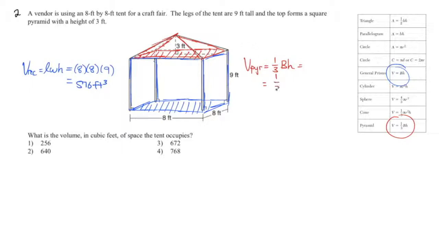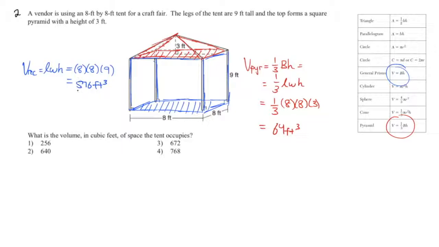And we have to actually use length times width, in this case, the same length times width. And we're going to plug in 8 for length, and 8 for width, and 3 for the height. And we're going to wind up with a volume for that pyramid of 64 on the nose, 64 feet cubed.